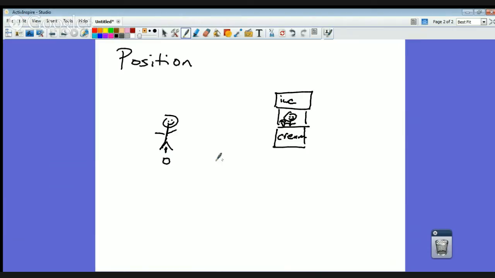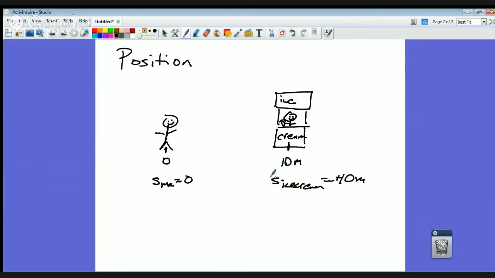The ice cream stand's position is maybe 10 meters to the right. So position for me is 0, and position for ice cream is 10 meters. We'll call that the positive direction, so I'll say it's plus 10 just to be specific.